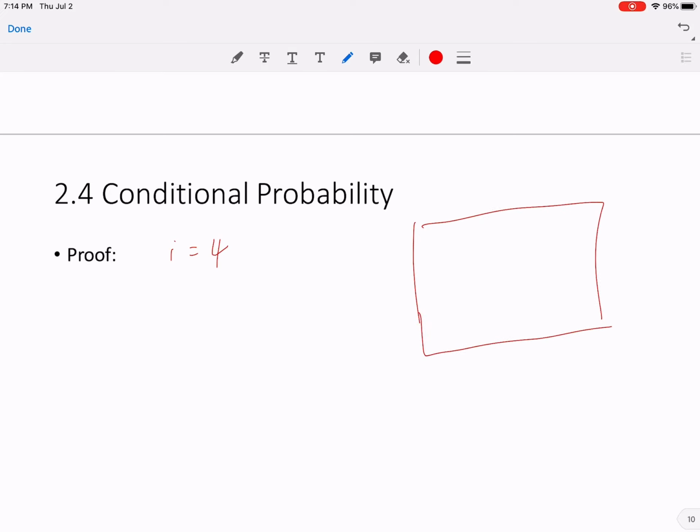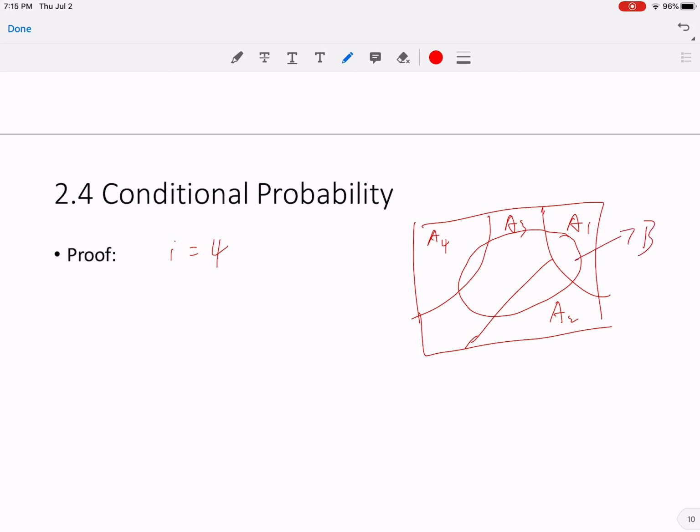So this is the sample space, and let's say we have A1, A2, A3, and A4. Those A1, A2, A3, A4 are exhaustive because they're a partition, right? Okay? And I will draw B over here. This is B.